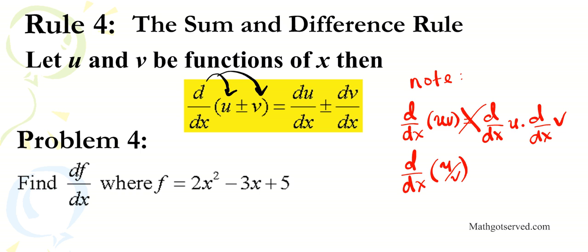So u divided by v is not equal to d/dx of u divided by d/dx of v. The derivative can only be distributed over addition and subtraction. These two have special rules that apply to them. We'll look at them later.